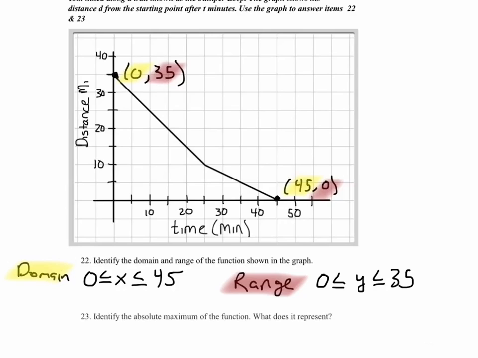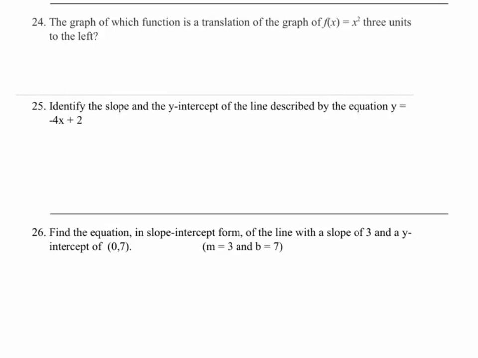Absolute maximum. This is your highest point. Y. So this is 35. Okay, you should go to Desmos, use Desmos to see this.